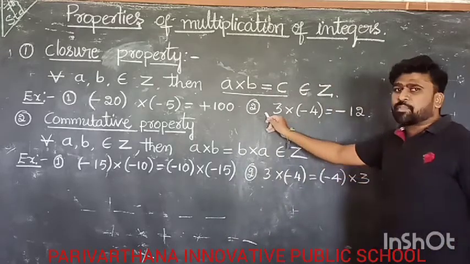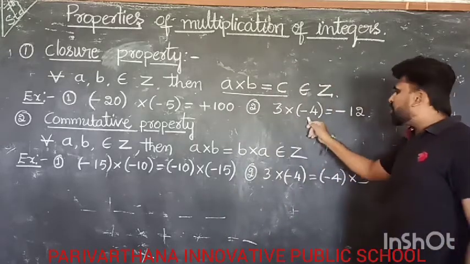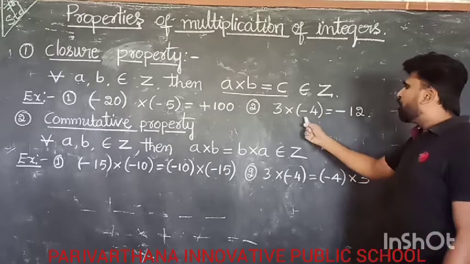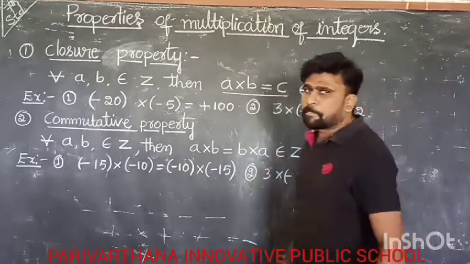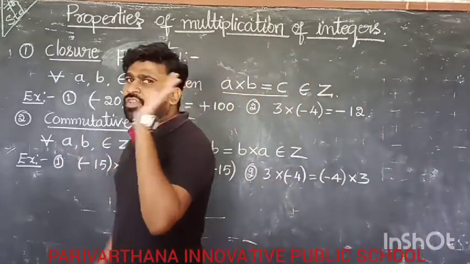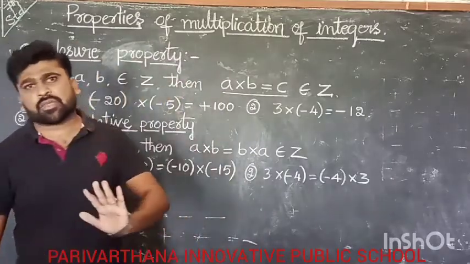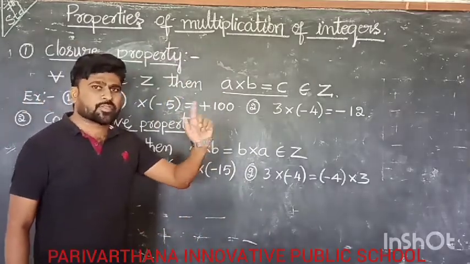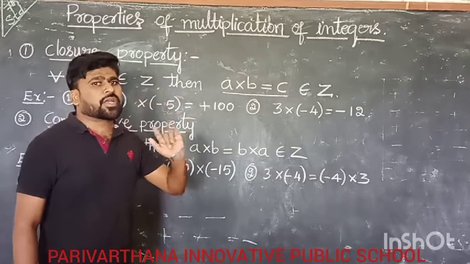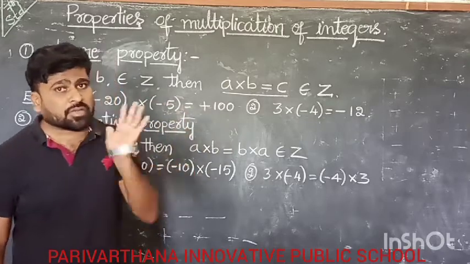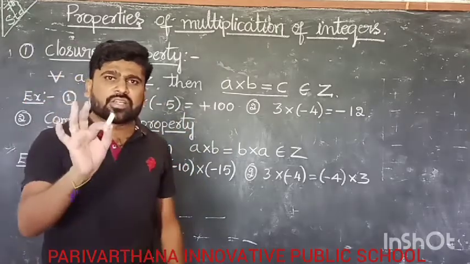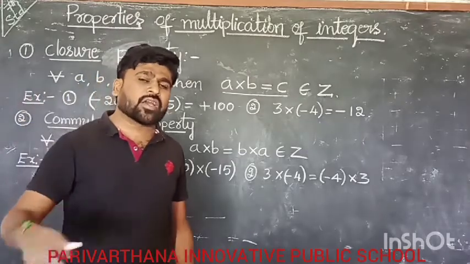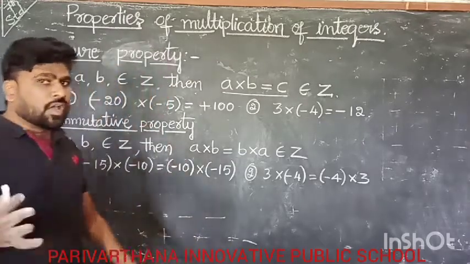Same here, plus into minus, answer is minus. 4 threes are 12. Clear? For multiplication we use the multiplication symbol. For addition, a plus b is equal to c. For subtraction, a minus b is equal to c. Just by changing the symbol, the properties carry over to multiplication.